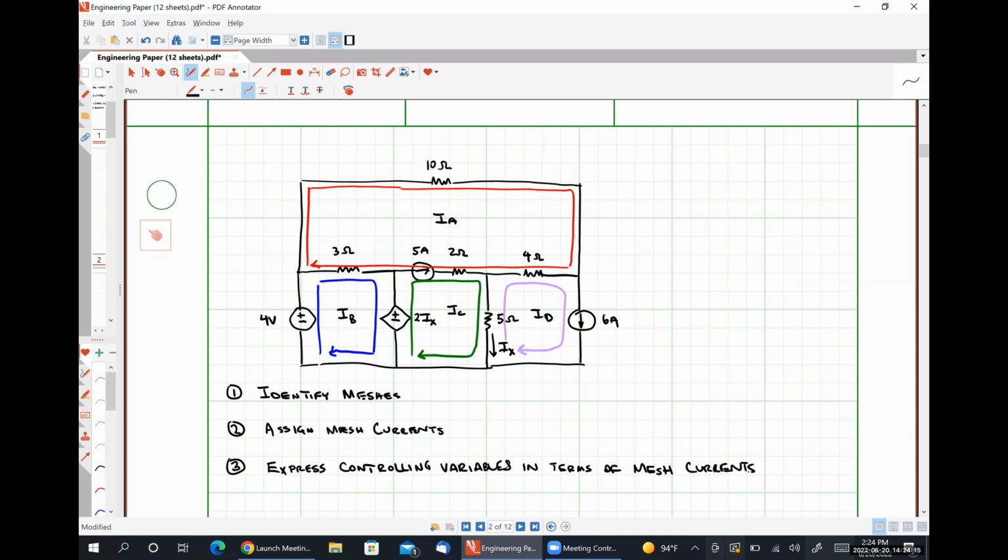Devarier says that IX is equal to ID minus IC. I disagree with you slightly. You're very close, Devarier. So let's take a look at it.